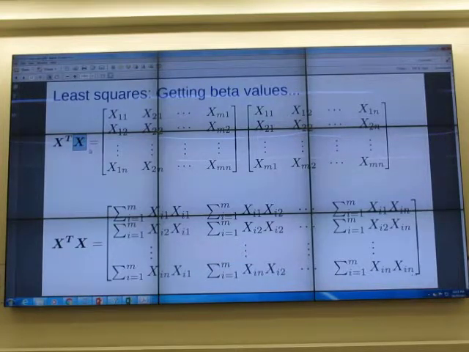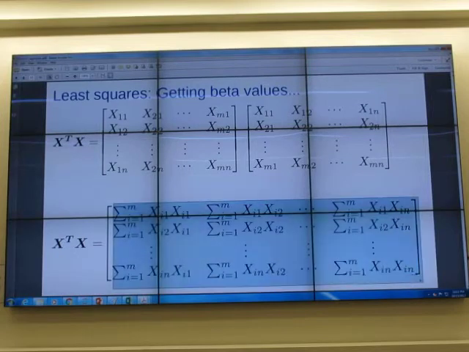How many rows? M. So it's not square. But after the multiplication, is that square? At the end I have n, right? Initially it's not square, it has n columns and m rows. After the multiplication, it's square. Good? So that is x transpose x.